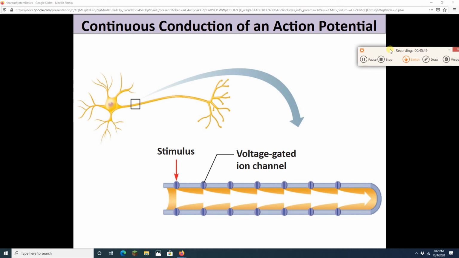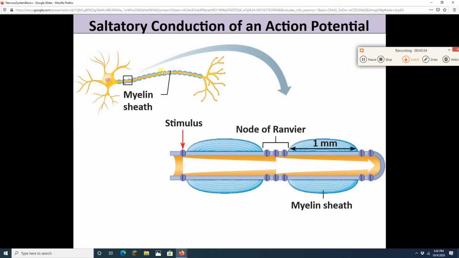When there are Schwann cells, things are a little bit different. So now I have Schwann cells insulating my axon, except for the gaps between them. And remember, a gap between Schwann cells is called a node of Ranvier. So if I open this channel right here and sodium rushes in, the depolarization travels all the way to the next node and opens channels there. And we depolarize this spot, travels all the way to the next node.